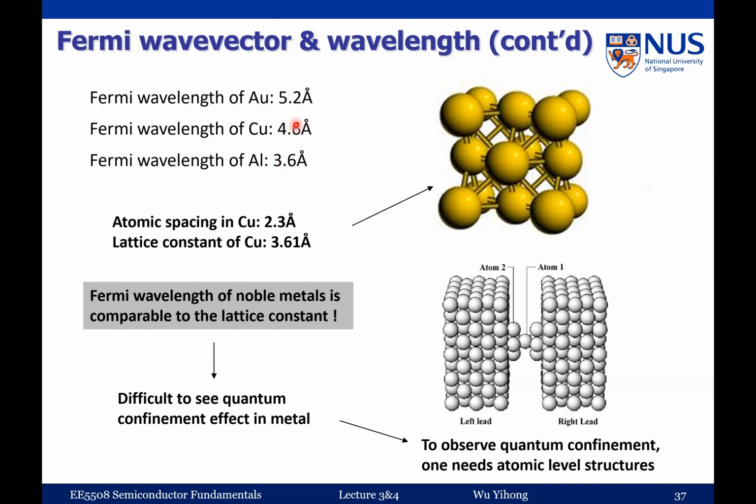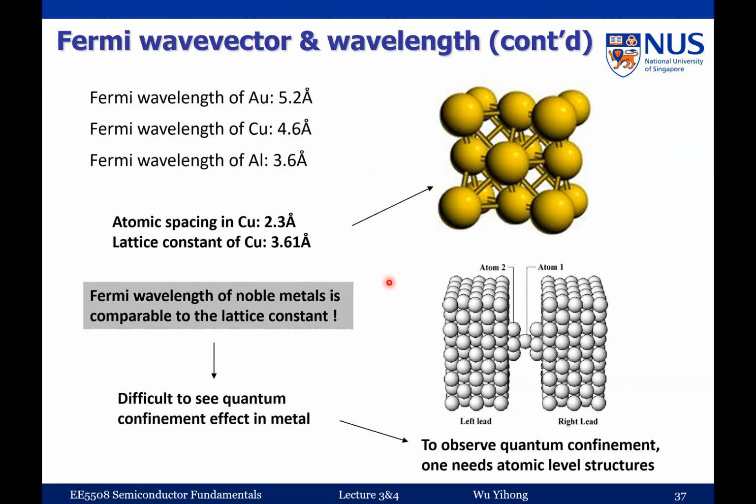Now, you can also try to find out the Fermi wavelengths of gold and aluminum. These are very good conductors, and the Fermi wavelengths end up roughly within this range. So this is the reason why it's very difficult to observe quantum confinement effect of electrons in metal.